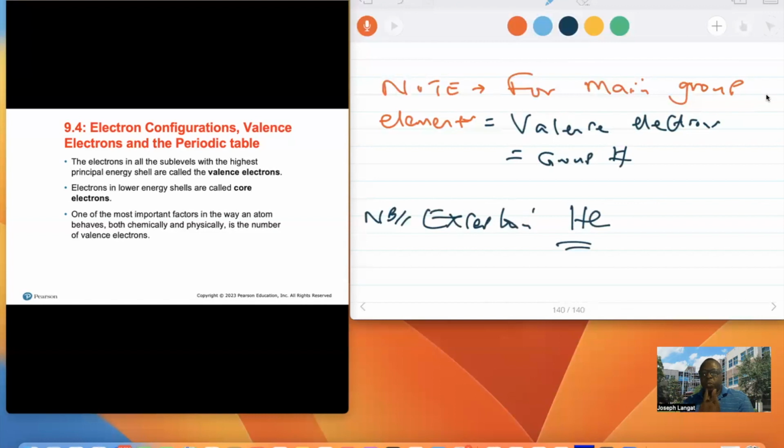What is the exception? The exception is this. If we say for all main group elements, that is the A groups, you know what main groups are, valence electrons equal the group number, how come helium has 2 electrons? How will it end up with 8? Helium is in group 8 and it's an exception where we cannot use the group number to determine the number of valence electrons.